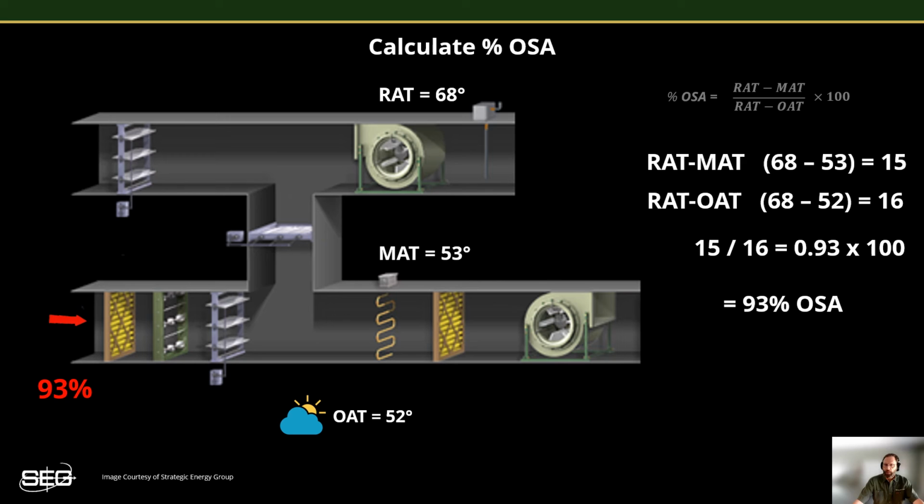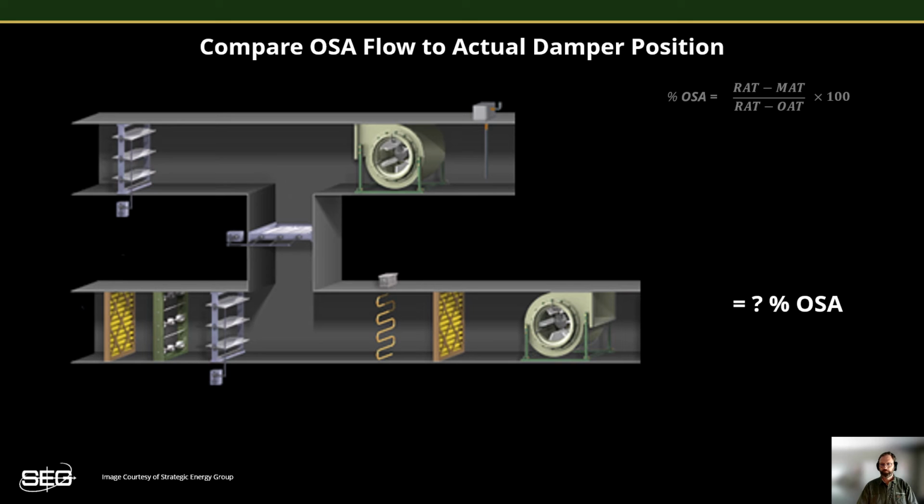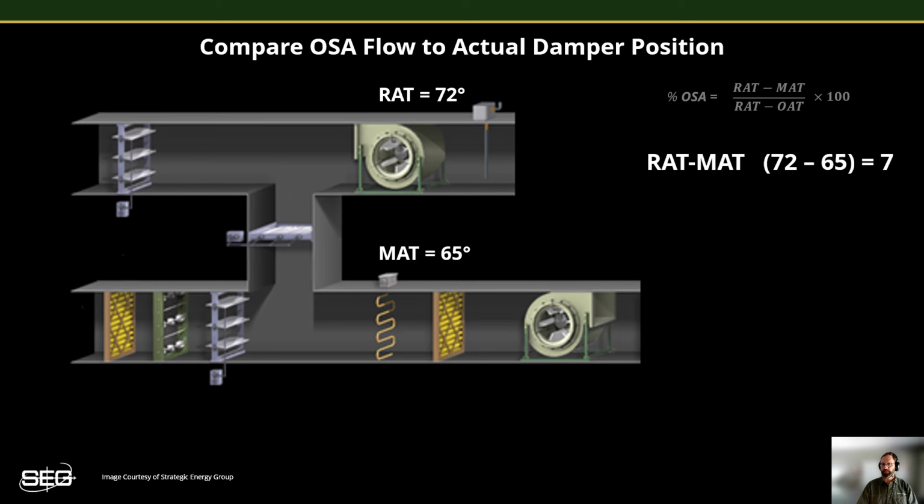Now, that wasn't too complicated, was it? I encourage you to post this calculation near your energy management system for later reference. Now, I want to do this one more time, but only to demonstrate one other important point. In this example, we have return air temperature of 72 and mixed air of 65. 72 minus 65 equals 7.